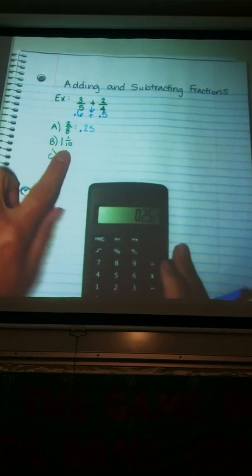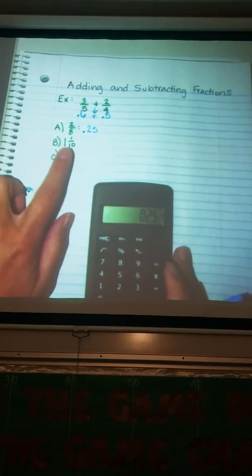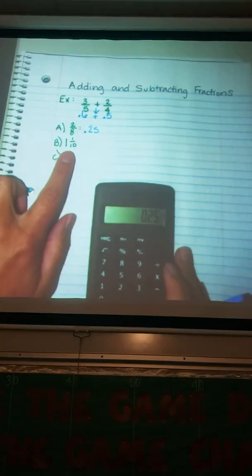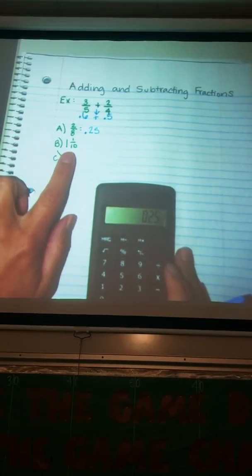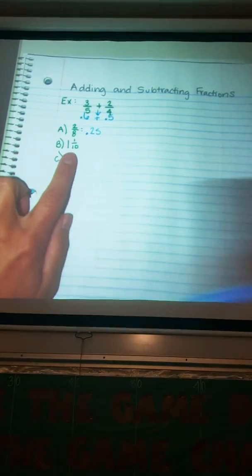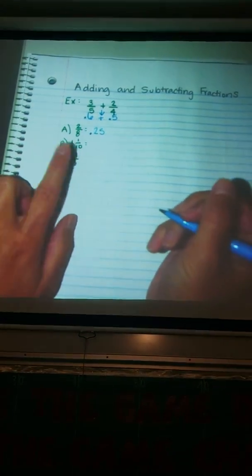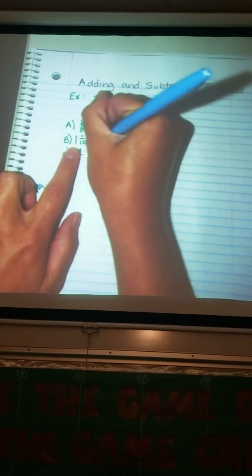Now this one we talked about when we specifically had a rule for when we have a mixed number. When we have a mixed number and we're turning it into a decimal, you leave the whole number alone. So I'm going to take this one and write it down.